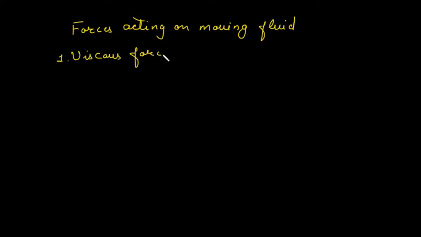which is denoted by Fv, and it is given by tau into A. Now we know that when fluid is flowing, then viscosity exists in fluid, and when one layer of fluid is moving on the other layer, then on account of the viscosity, shear stress is generated between those layers.